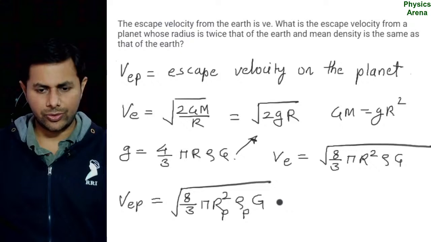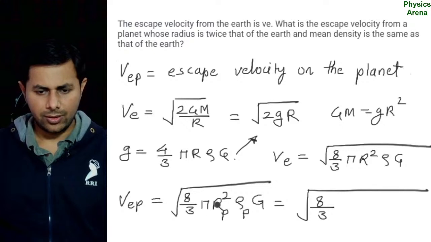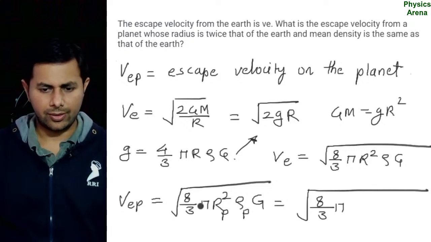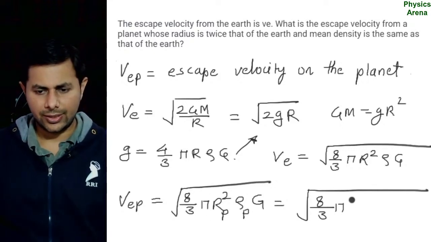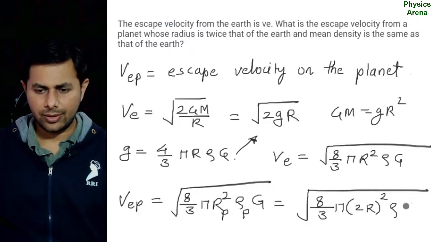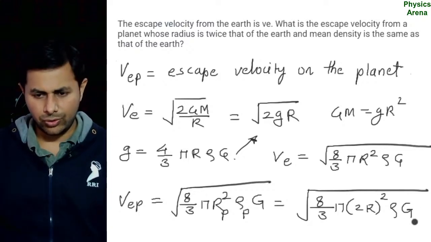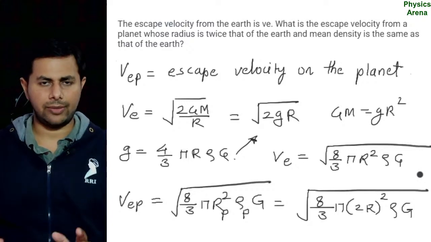So let's substitute for that. So then it becomes square root of 8 by 3 pi into r for the planet is 2 times r for Earth, and we have square of that. Then rho is same, the mean density is same, and G is universal gravitational constant, so it is same everywhere.